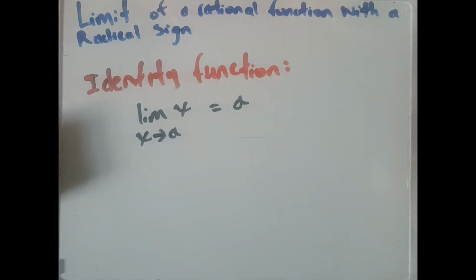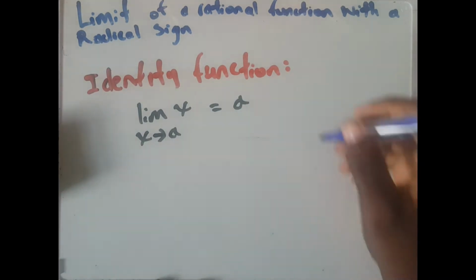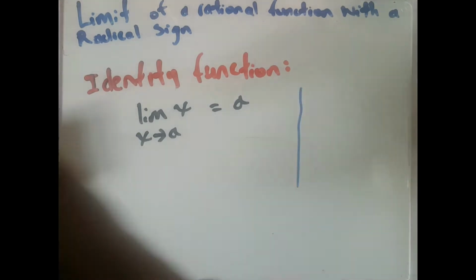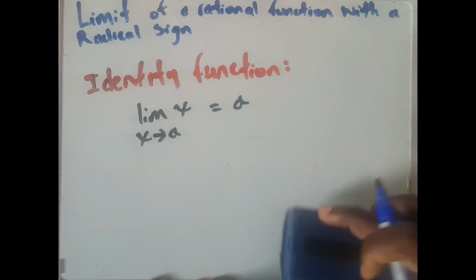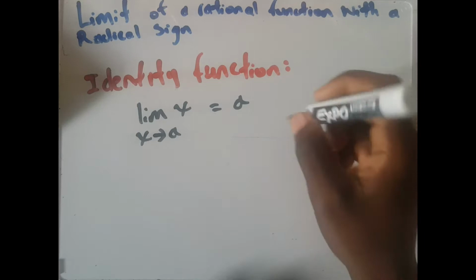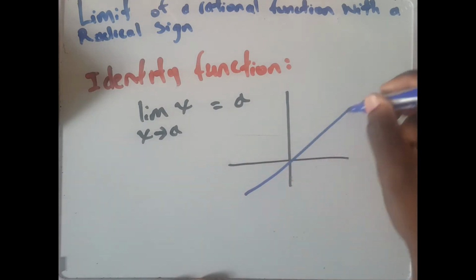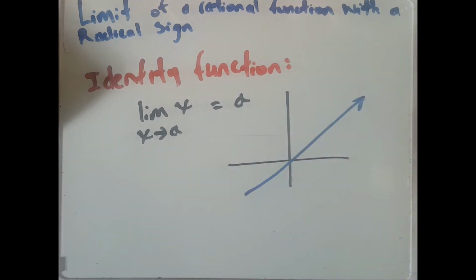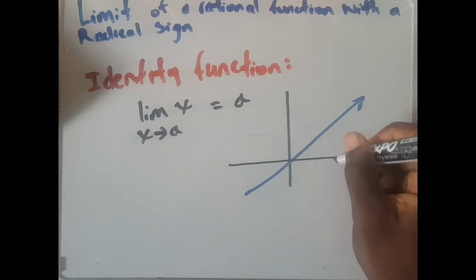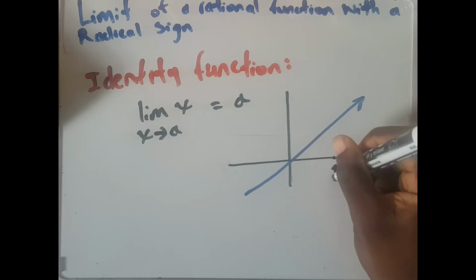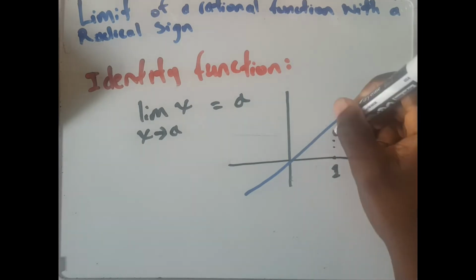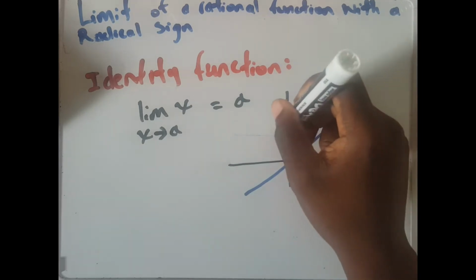And this is because of the thing I showed you in the last set of videos, or in the intro video. Remember the function x. It is a straight line that cuts through the origin and continues. So what the identity function is saying, any point here, remember when I was telling you that this is symmetric, so if this is 1, then this would also be 1.